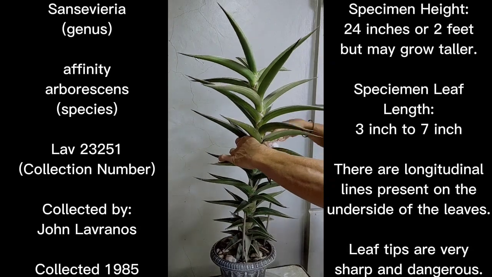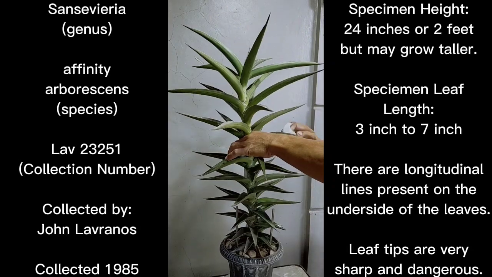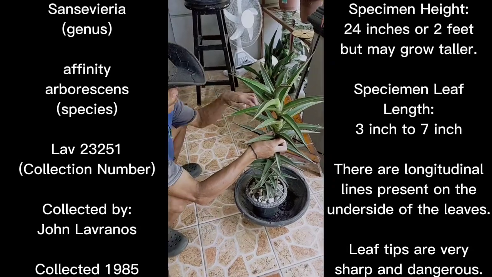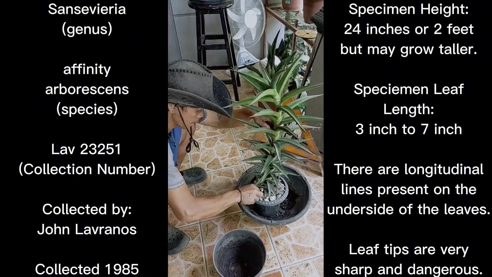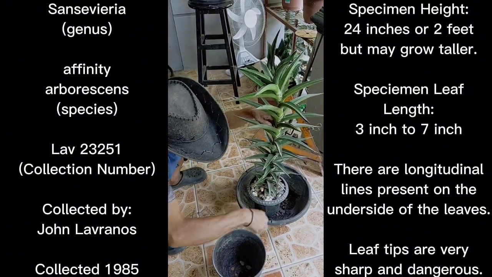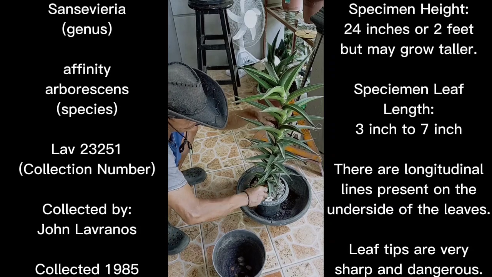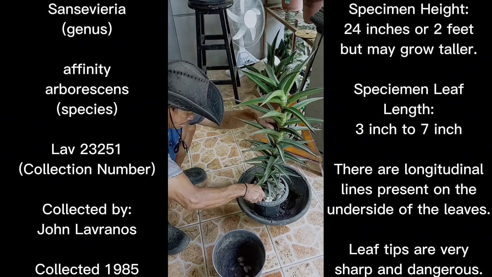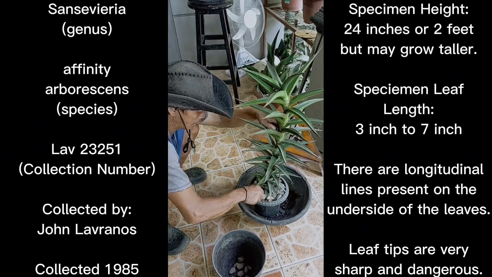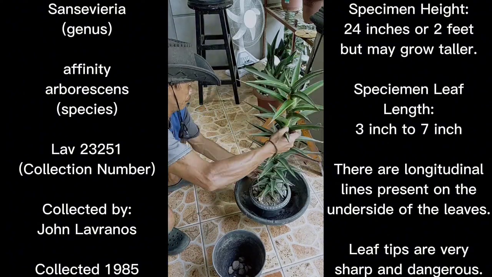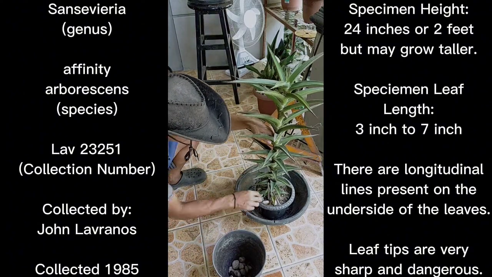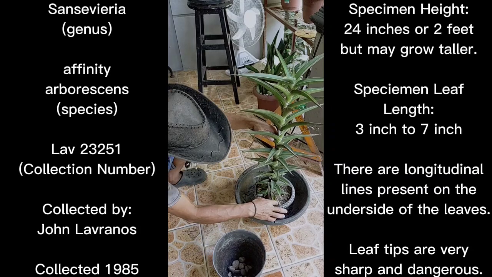Also, be cautious in protecting your eyes, because when you get poked by the leaf tips, there's a possibility of your eyes being punctured and damaged accidentally by the leaf tips of the Lav 23251 or affinity arborescens.